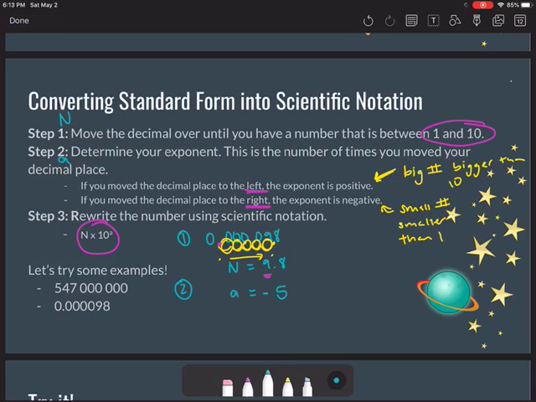Or we could think of, well, that number that we began with, 0.000098, was a number that is smaller than 1. It is a small number. Since it's a small number, we could also remember that that exponent is going to be negative. Our last step is going to be to put those two together. So we end up with n, which is 9.8, times 10 to the power of a, which is negative 5.